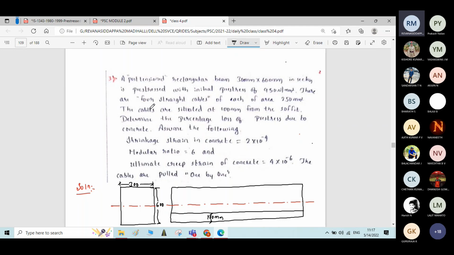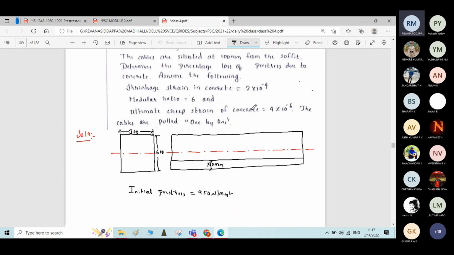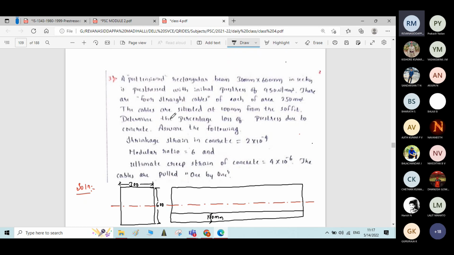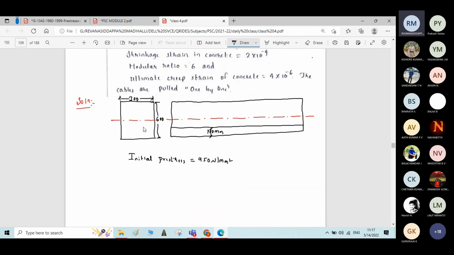And he says that there are 4 straight cables of each area 250 mm square. The cables are situated at 100 mm from soffit. There are 4 straight cables: 1, 2, 3, 4. There are 4 straight cables situated at 100 mm from soffit.